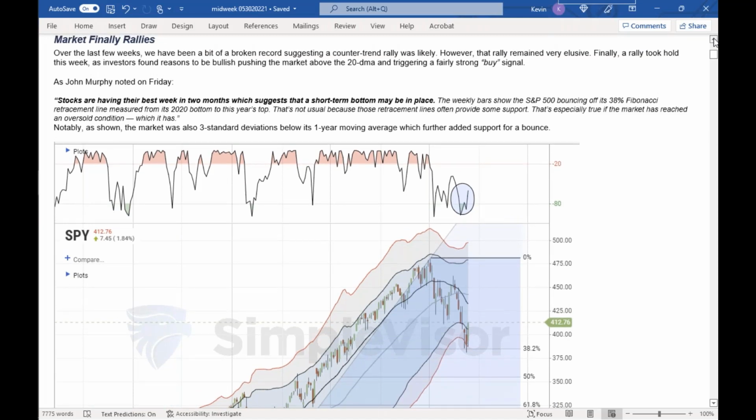But the market finally rallies, and he's using a 20-day DMA, which I believe is the daily moving average. Not a simple moving average, a DMA. I'm just going to check to make sure. DMA, technical analysis.